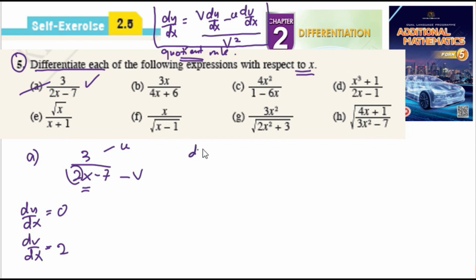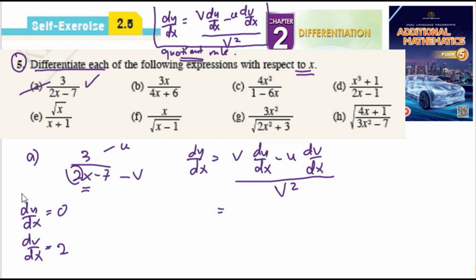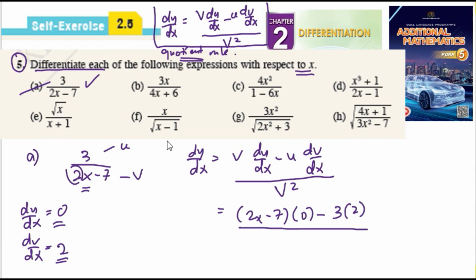Now just key into the formula: v du over dx minus u dv over dx, divided by v square. Our v here is 2x minus 7, so (2x minus 7) times du over dx, which is 0, minus our u, which is 3, times dv over dx, which is 2, and then v square, where v is 2x minus 7, so we get (2x minus 7) squared.